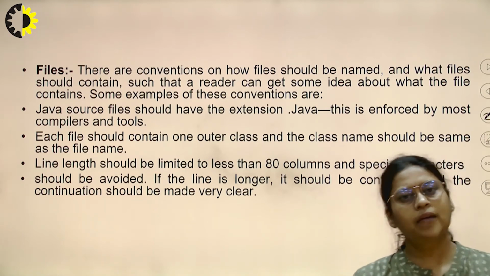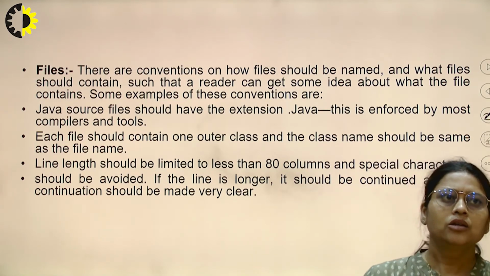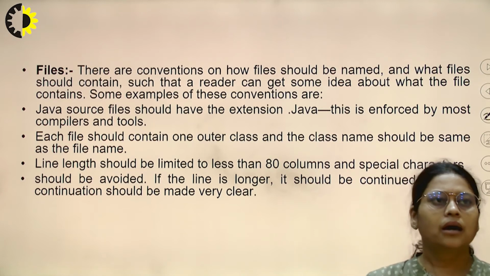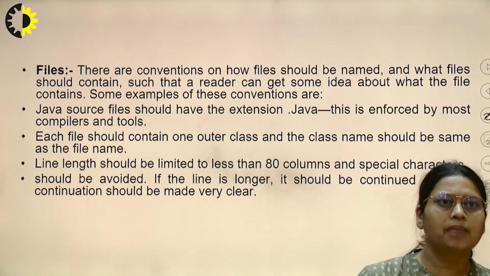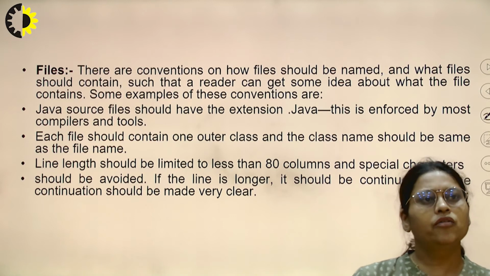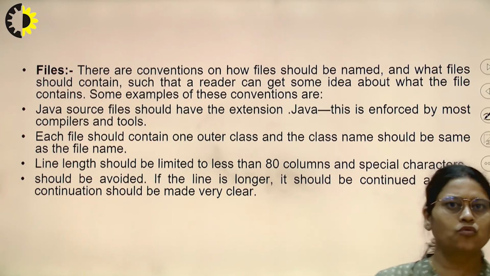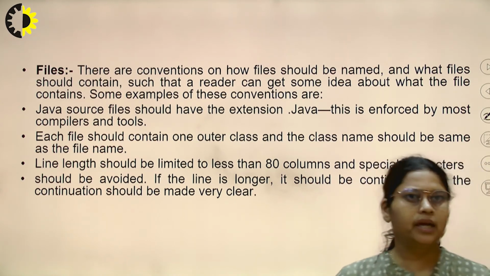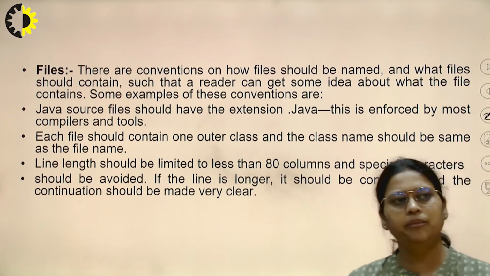First of all, we have to check what the content of the file is, and give a name related to its content, such that the reader can get some idea about what the file contains. Some examples of these conventions: a Java source file should have the extension .java. This is enforced by most compilers and tools. Each file should contain an outer class, and the class name should be the same as the file name.